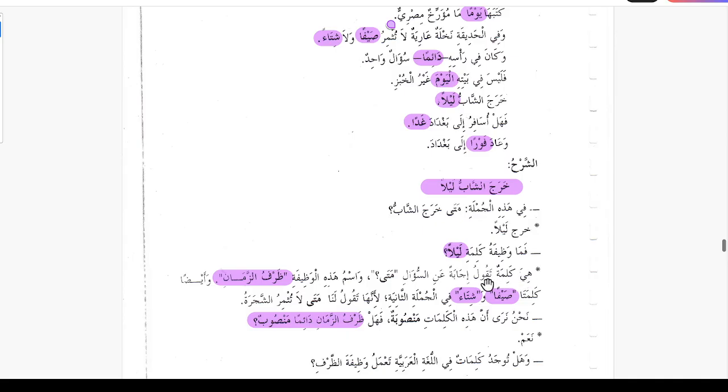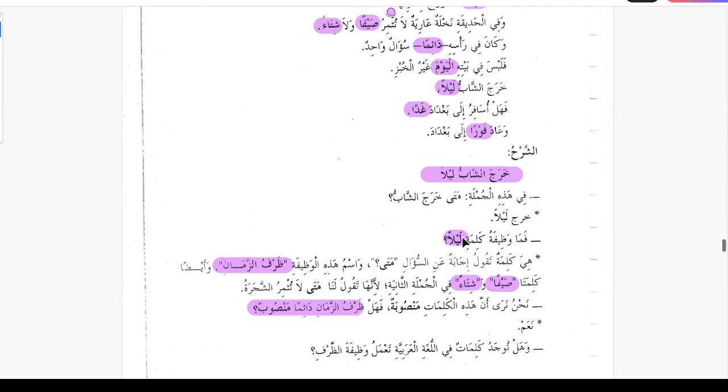"Hiya kalimatun tujibu 'ani as-su'ali mata". This is the word which tells the answer to the question when. Like this word, it tells when he left. "Wa ismu hadhihi al-wazifati zarfu zaman", and the name of this function is zarfu zaman.